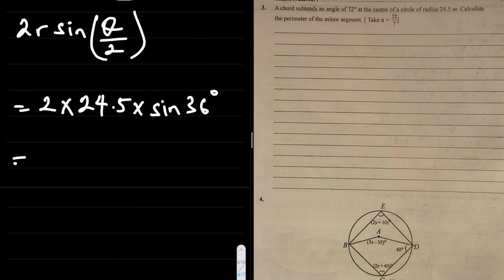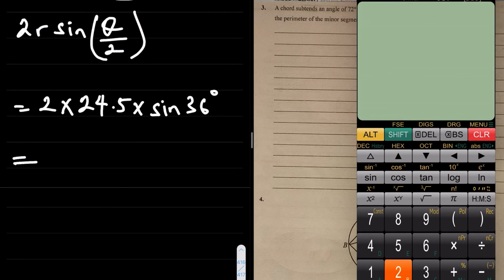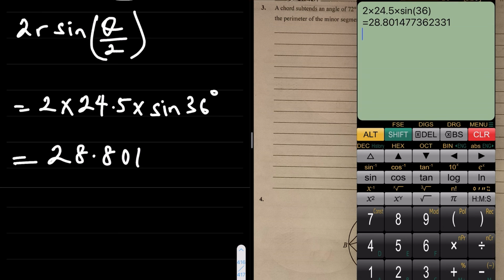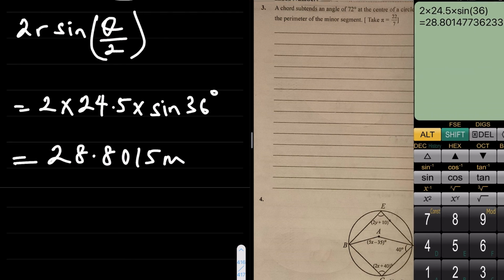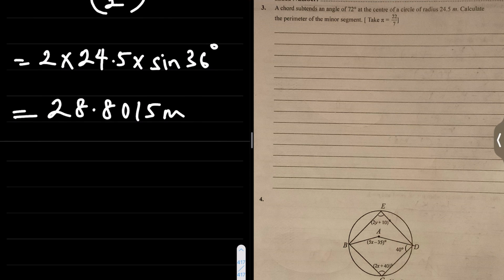And that's equal to, let me do that quickly, 2 times 24.5 times sine 36. And that's equal to 28.8015 meters.